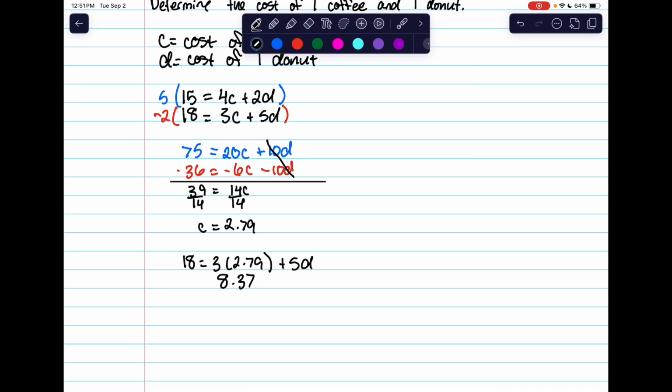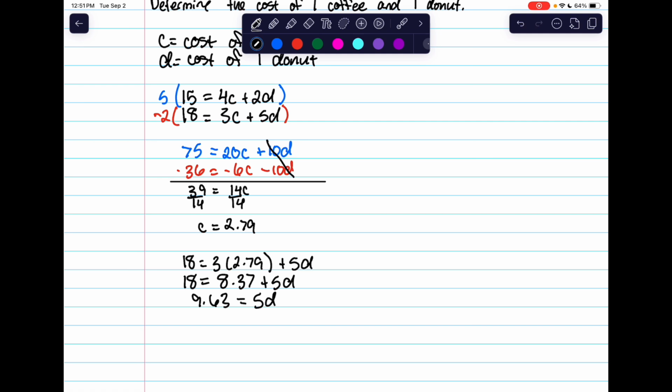Plus 5D equals 18. Then we subtract 18 minus 8.37, which is 9.63, and that equals 5D.